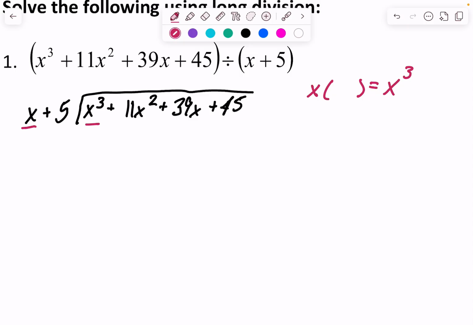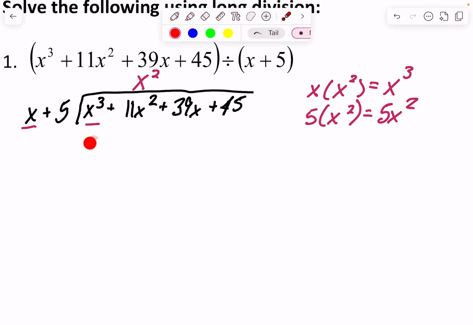So we have to multiply by x squared to get to x cubed. So that's what's going to go on top. And then we're going to also multiply the 5 times x squared. So these 2 things that I just have here are going to go right here, and we're going to subtract them.